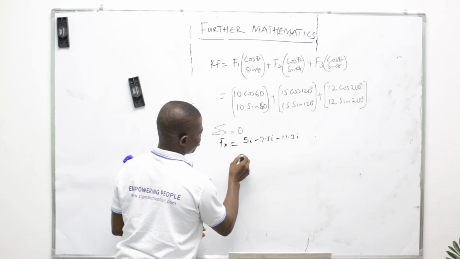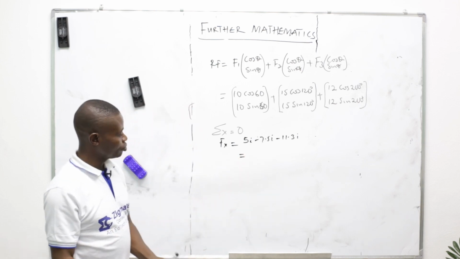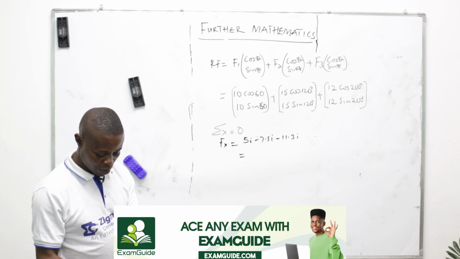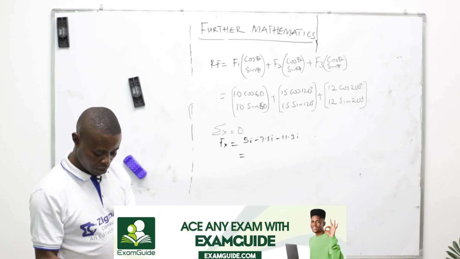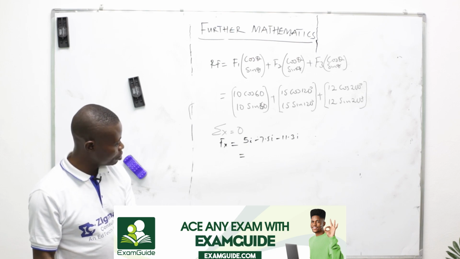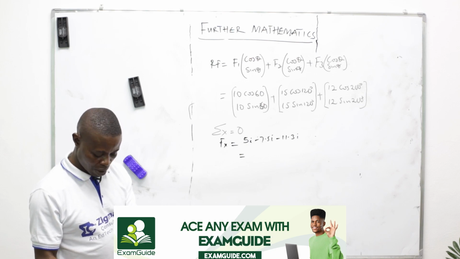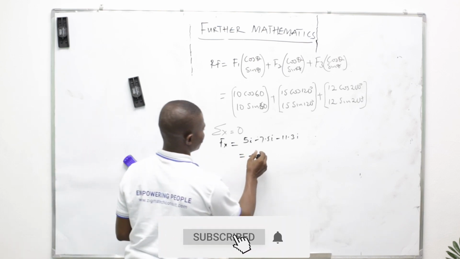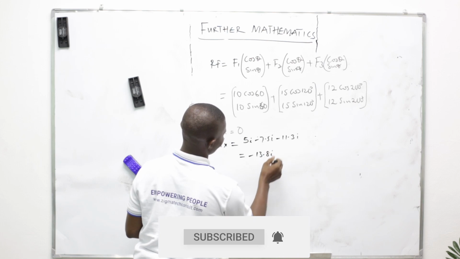So total will give us 11.3 plus 7.5, 18.8, minus 5, so 13.8, minus 13.8i.